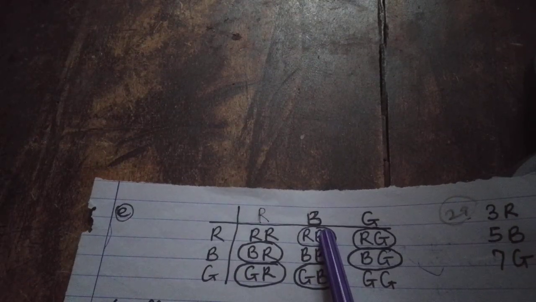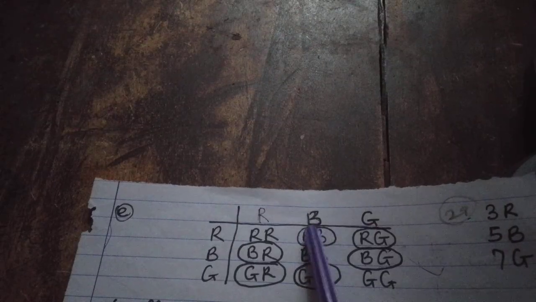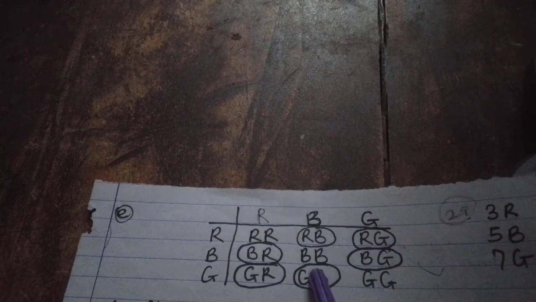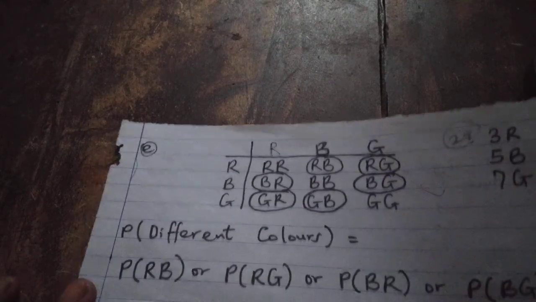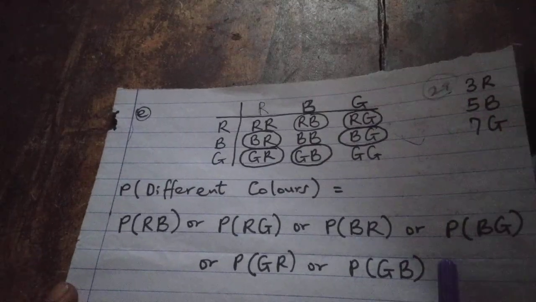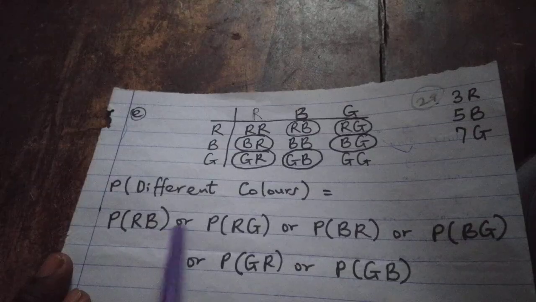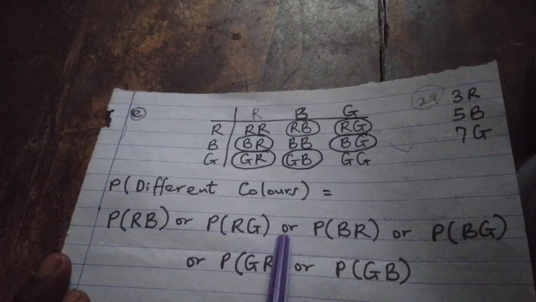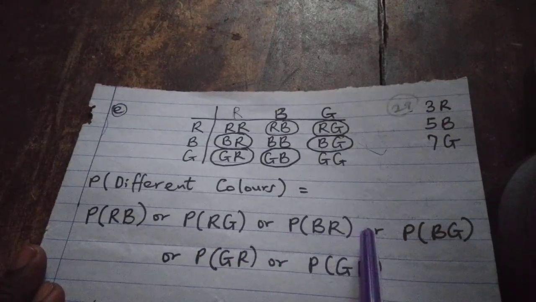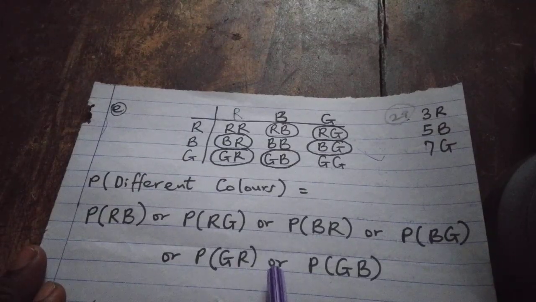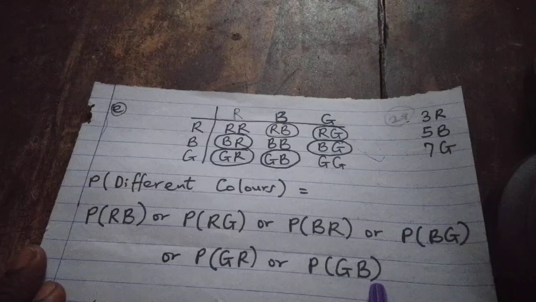So now that means if it's for them to be of different color, the probability of us having different colors will be the probability of red, blue, or red, green, or blue, red, or blue, green, or green, red, or green, blue.